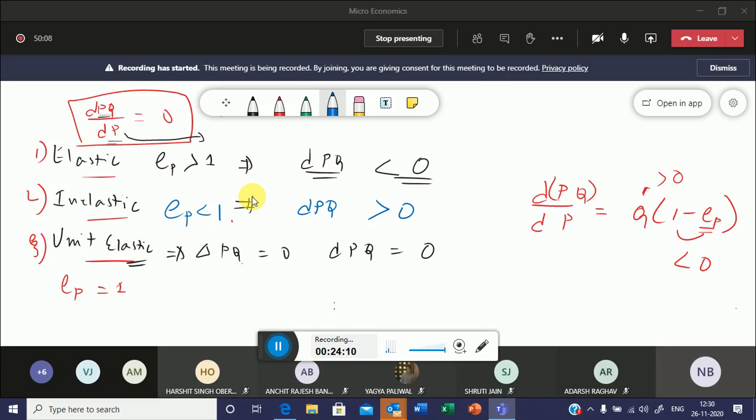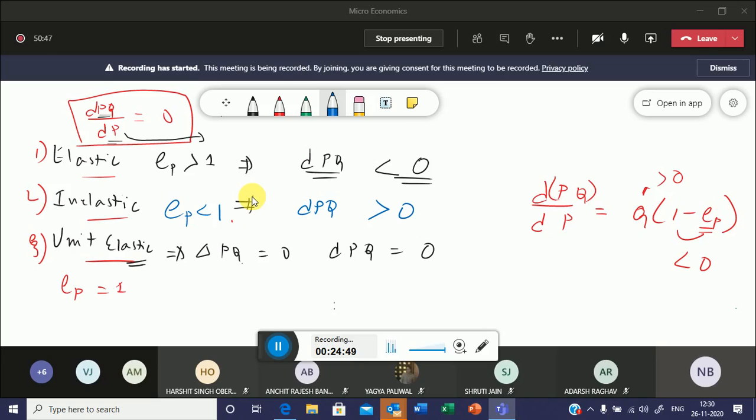Even if the price increases by 50%, like in the previous case, in case of unit elasticity, we are showing that quantity demanded falls by 50% because the price is increasing by 50%. But in case of inelastic, even if the price is increasing by 50%, my quantity demanded will fall by less than 50%. For elastic, if the price is increasing by 50%, my quantity demanded will fall in excess of 50%, because of which my total revenue is falling.